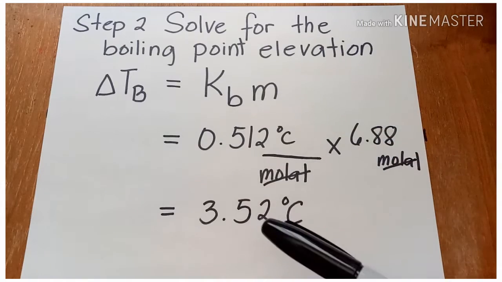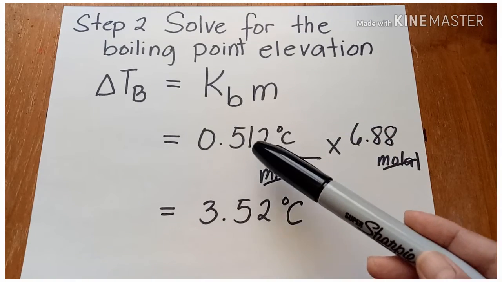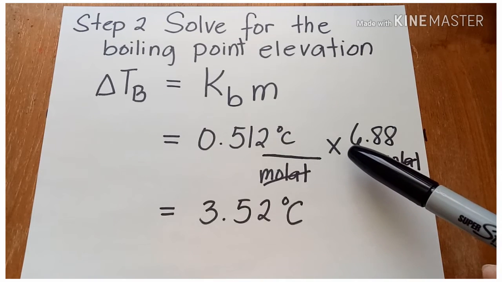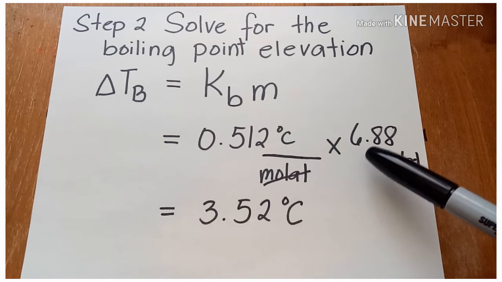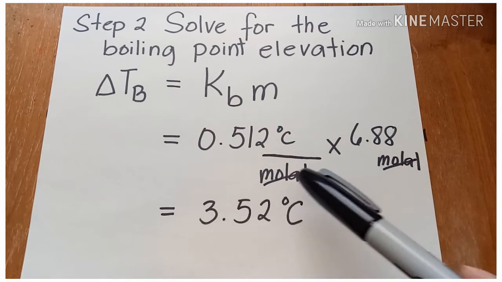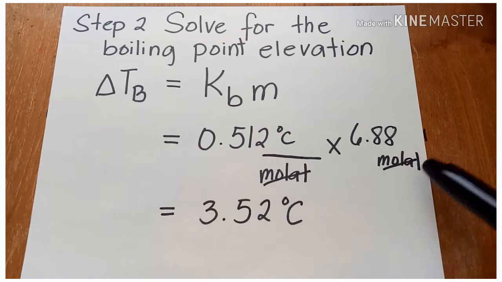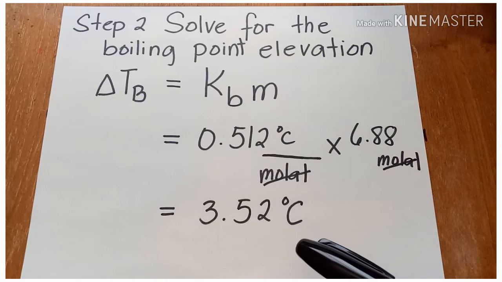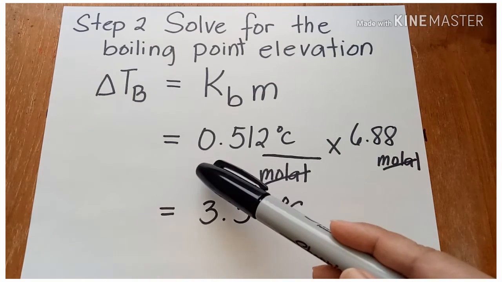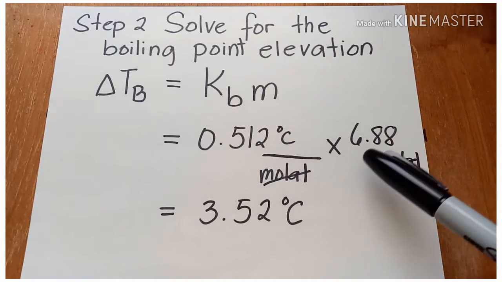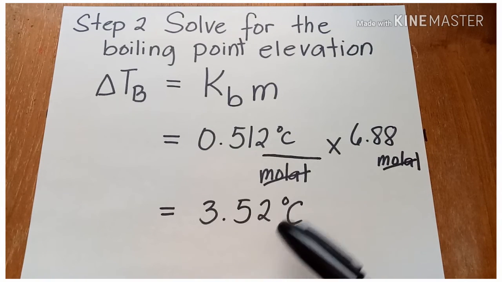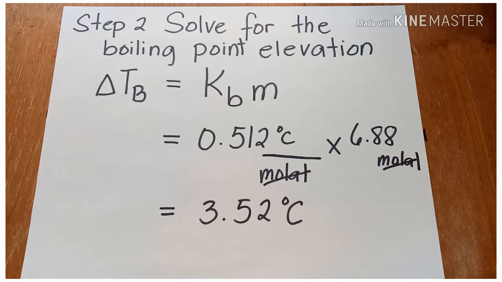Our K sub B is 0.512 degrees C per molal, and we multiply that by the computed value of molality, 6.88 molal. You see, I cancel out this unit because it's the same, so the remaining unit will be degrees Celsius. Multiplying 0.512 by 6.88 gives you 3.52 degrees Celsius.